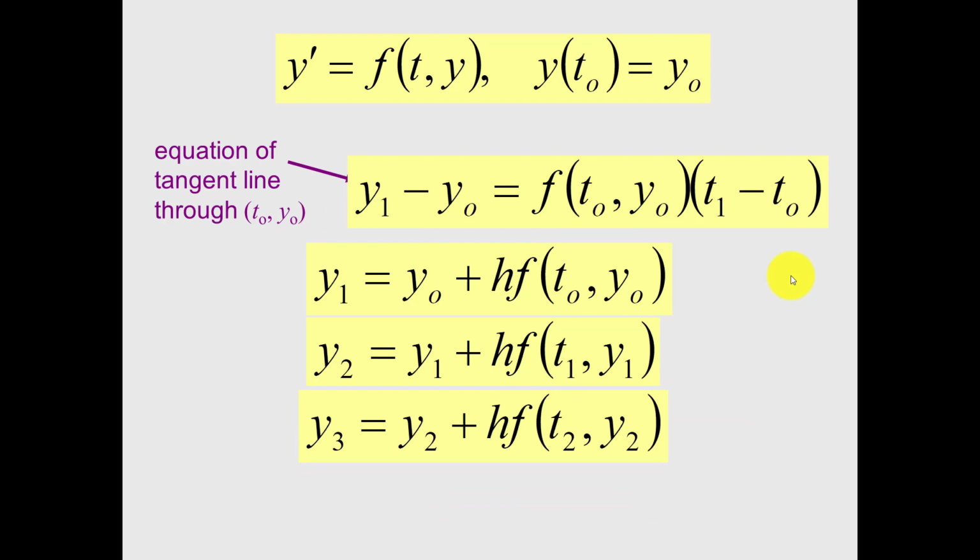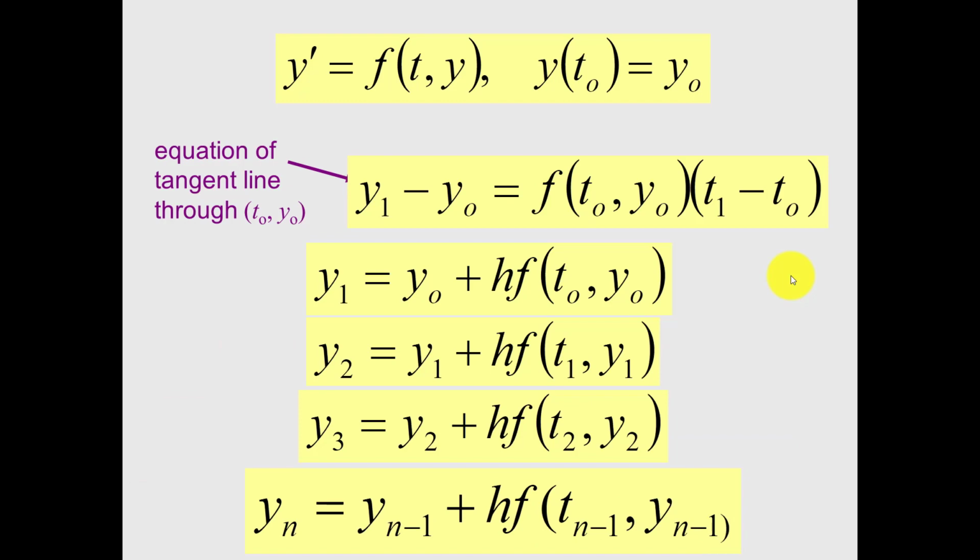So if we want a generalized pattern, y sub n is going to be the y from before plus the little width of our intervals for t, that's what h is. It looks like the parenthesis got in the wrong place right here. But then our slope, which is our function at t n minus 1 and y n minus 1.